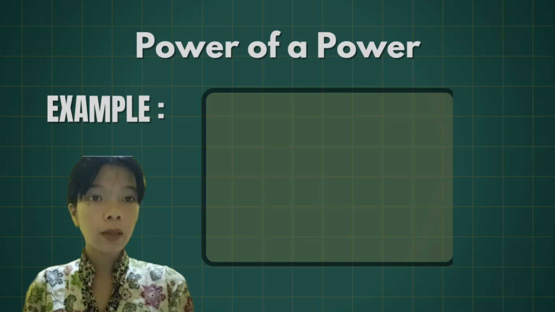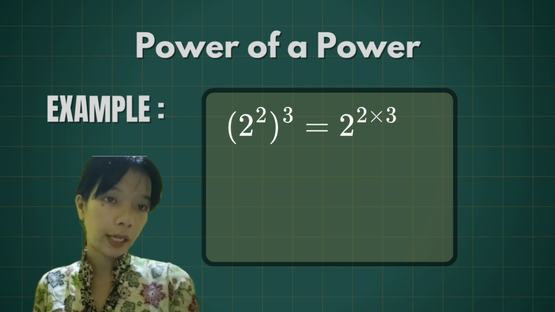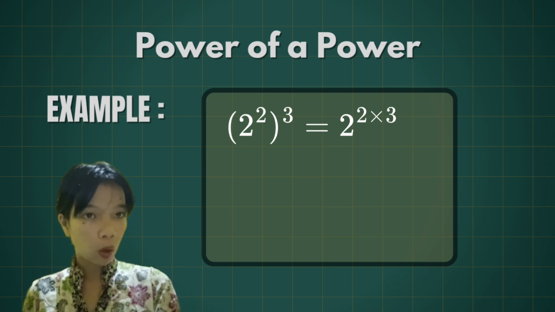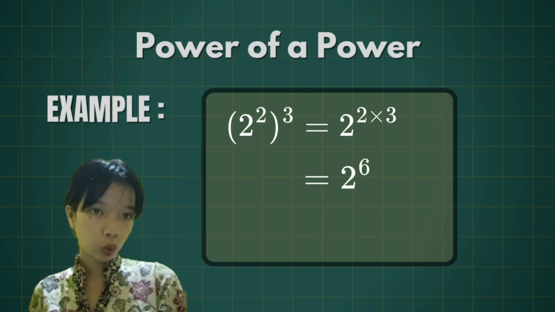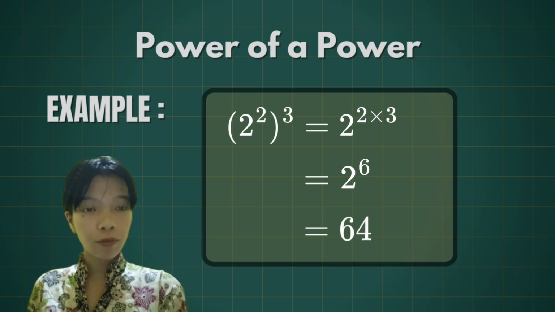For example, 2 squared, all raised to the power of 3, equals 2 to the power of 2 times 3 equals 2 to the power of 6 equals 64.